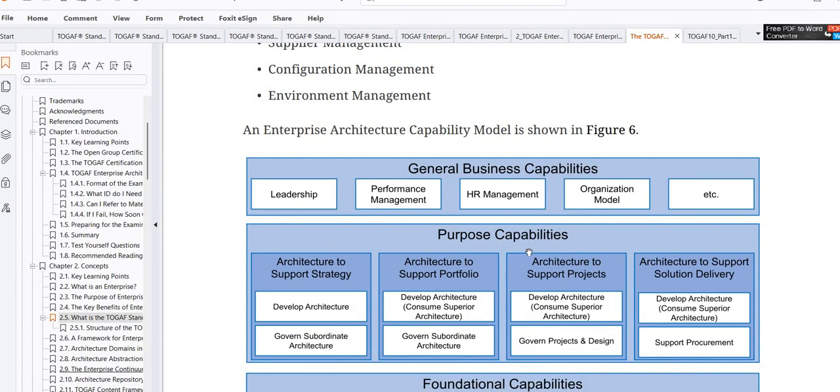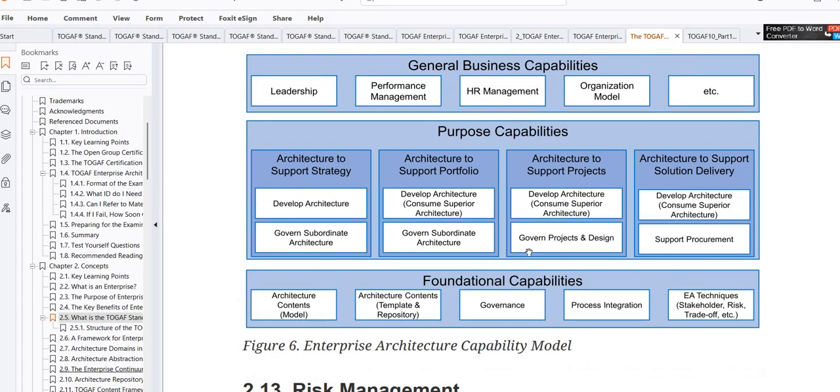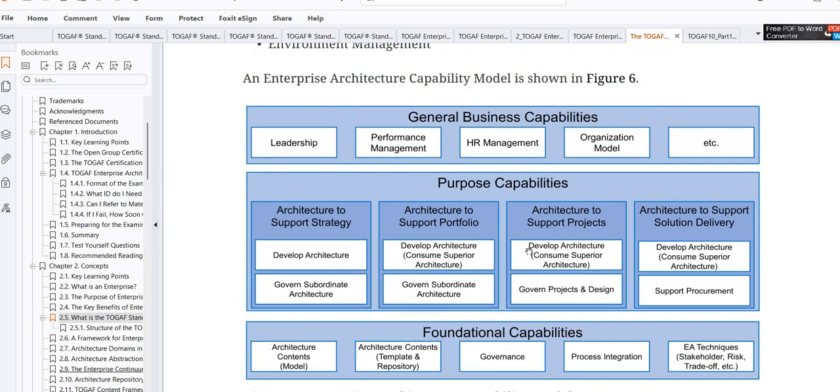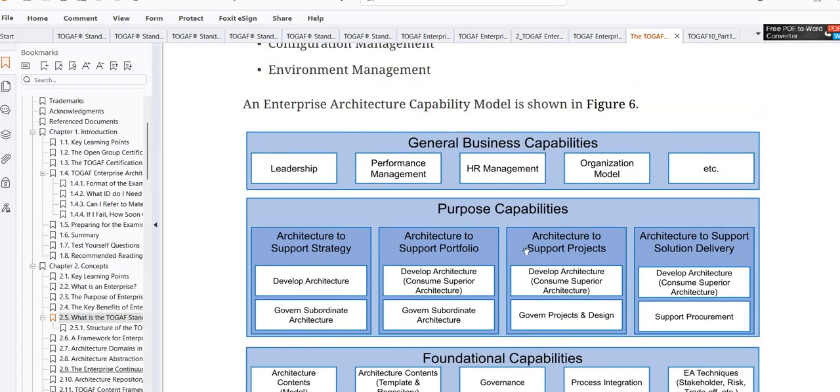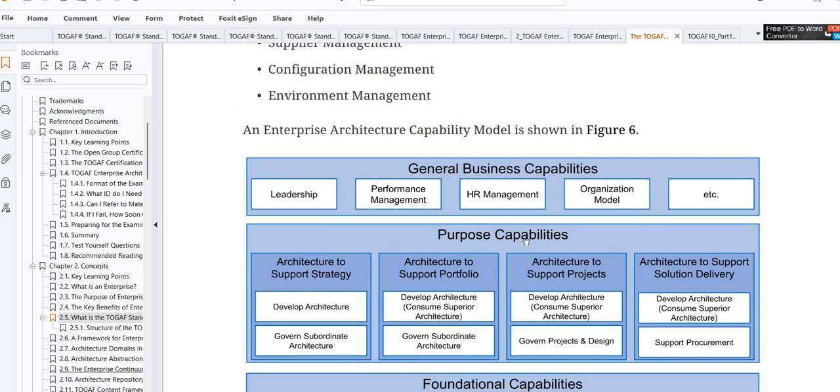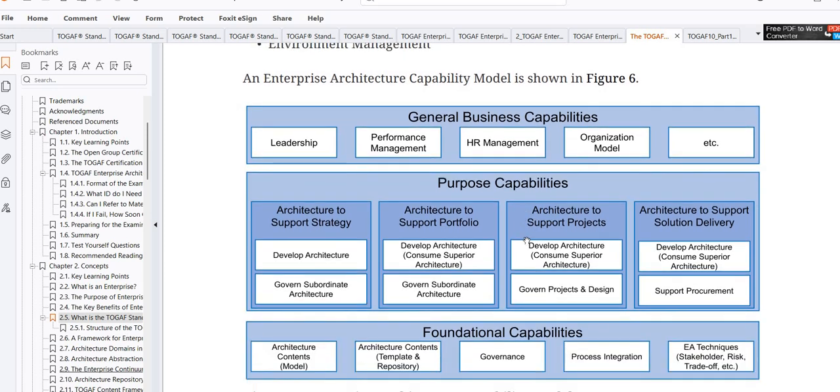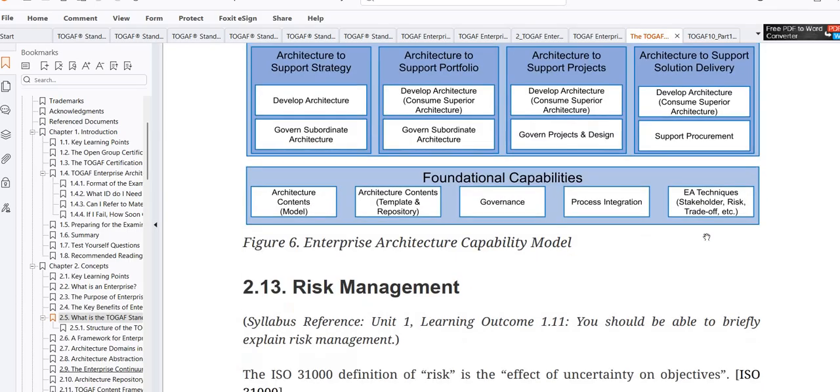Now when we come to the enterprise capability model, it shows how generic, purpose, and foundational capability work. Generic comes from your high-level business strategies. Now coming to the purpose capability, there are three important parts: architecture to support strategy, architecture to support portfolio, architecture to support project, and architecture to support solution delivery.